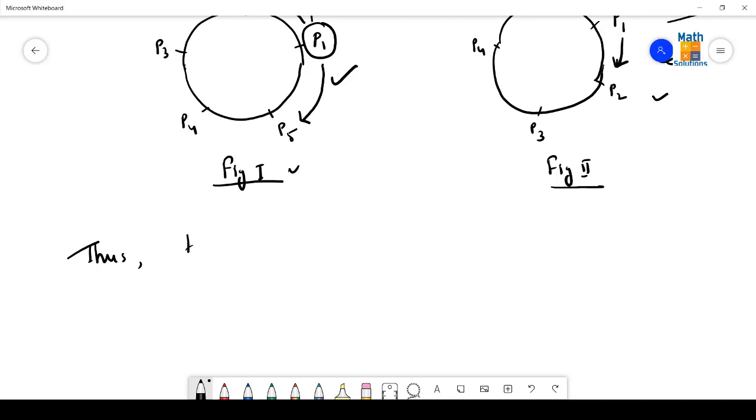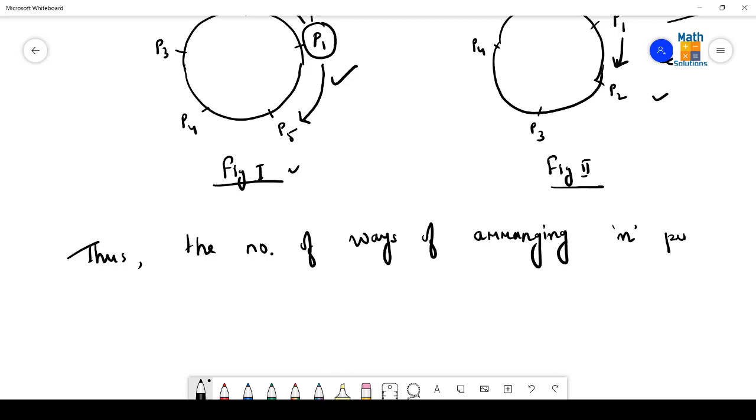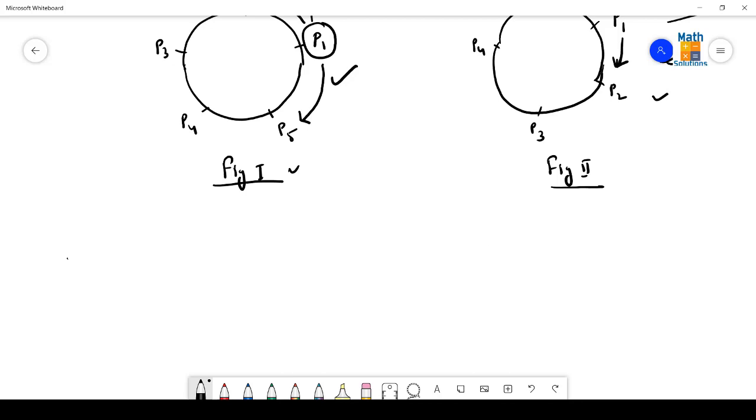Thus the number of ways of arranging n number of persons along a round table, let us check what conclusion we can draw here.